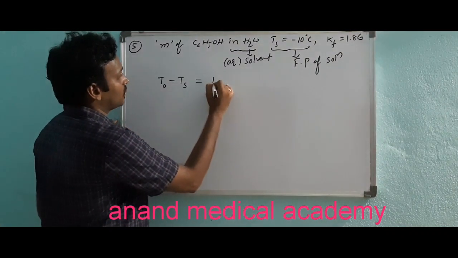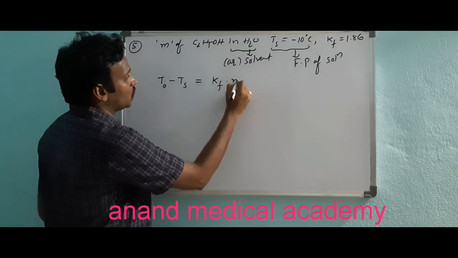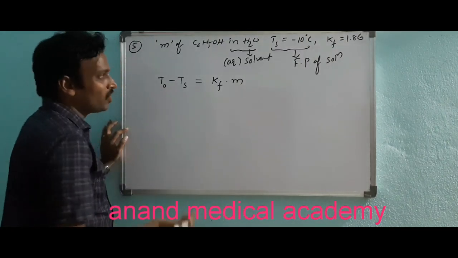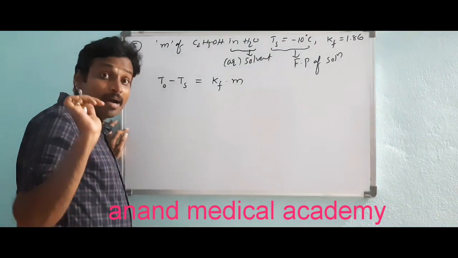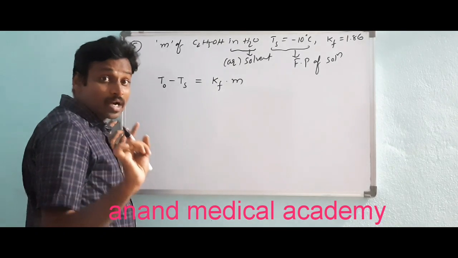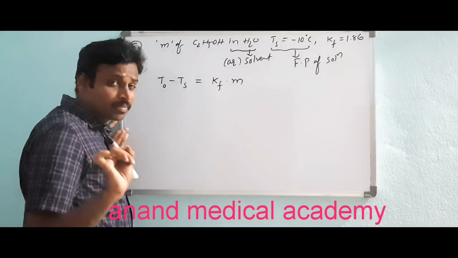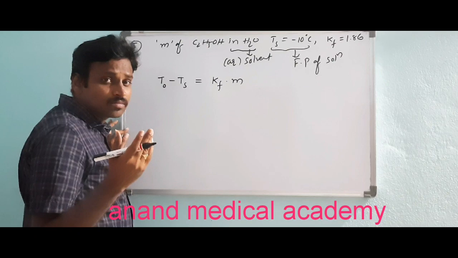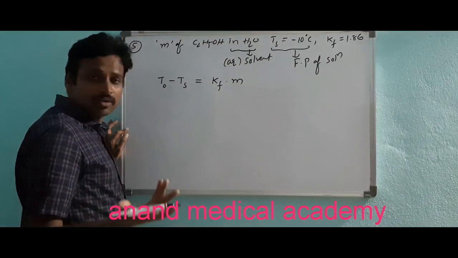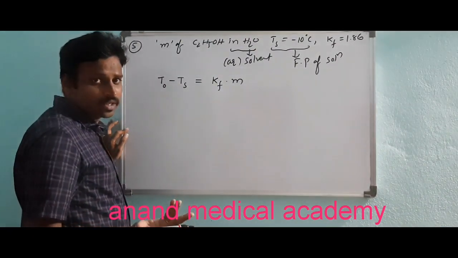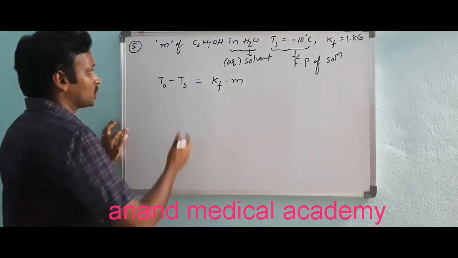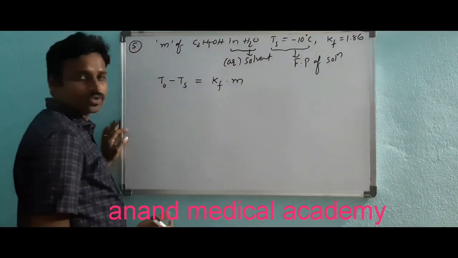So it is Kf into m, that's it. T0 value was not provided, sir. I am telling you many times, it is an aqueous solution. Aqueous solution means what? Water. For water, freezing point how much? 0 degrees Celsius. So in degrees Celsius only, substitute, not a problem.